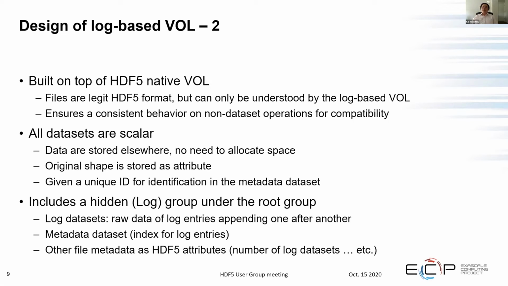Because we redirect all the dataset write data to the log dataset and the metadata dataset already, we don't actually need the space in the dataset itself. So to save space, we make every dataset scalar and we record its size as attributes.